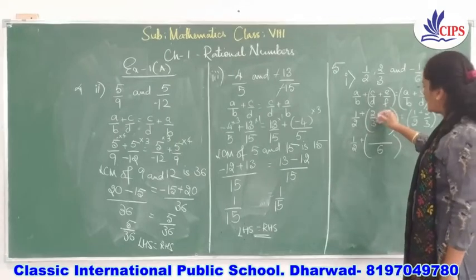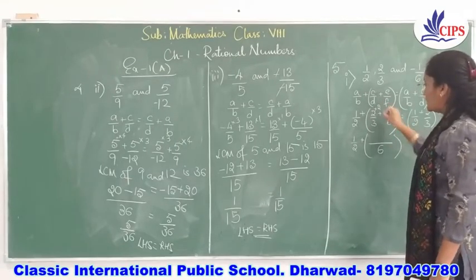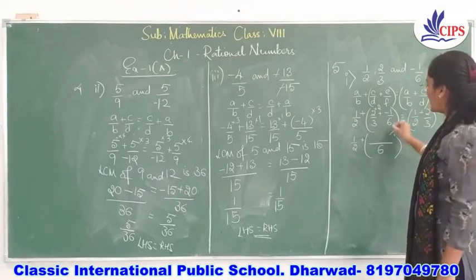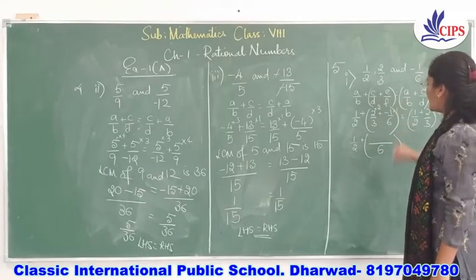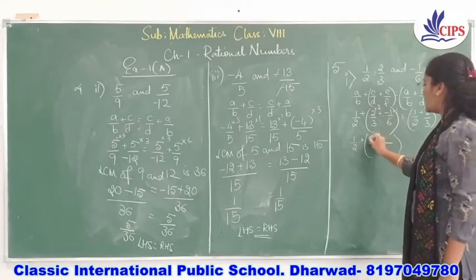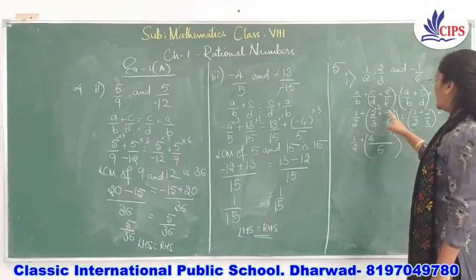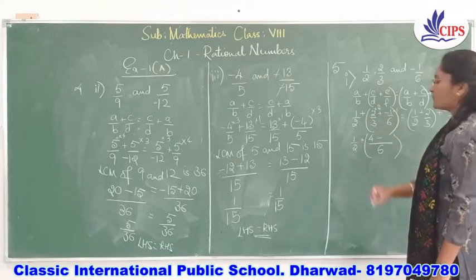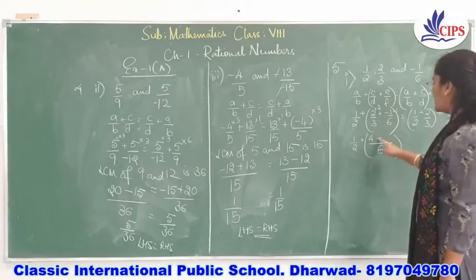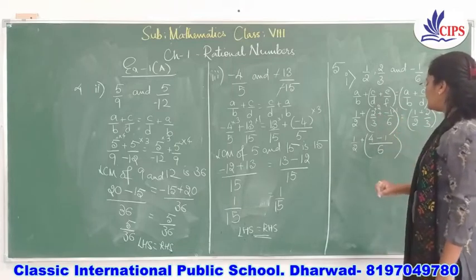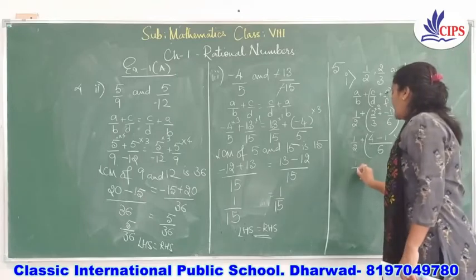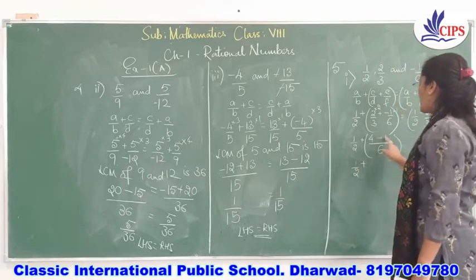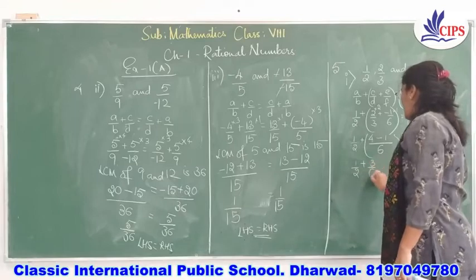Now I'll solve this. 3 what is 6? 3 2s are. So I'll multiply 2 here and here. 6 1s are. So I'll multiply 1. So 2 2s are 4 and here we have minus 1 into 1. We have got 2 signs together, I'll multiply those both. Plus into minus is minus, and 1 1 is 1. Now I'll write here 1/2 + (4 - 1)/6, which is 3/6.